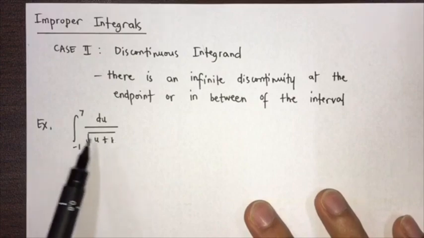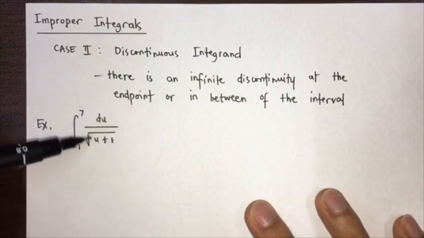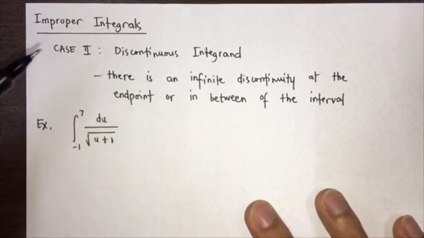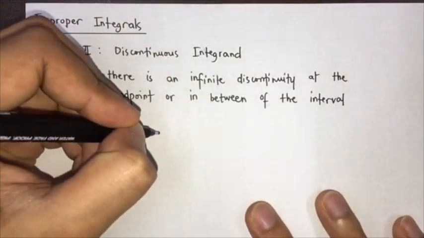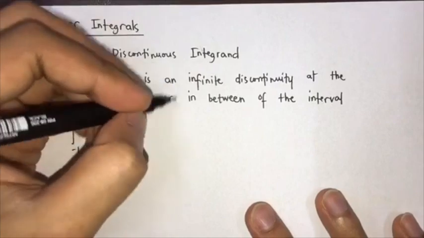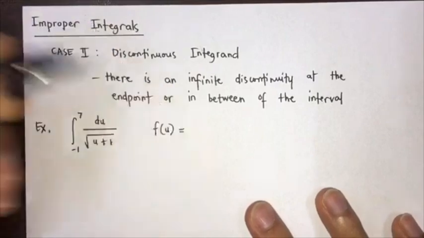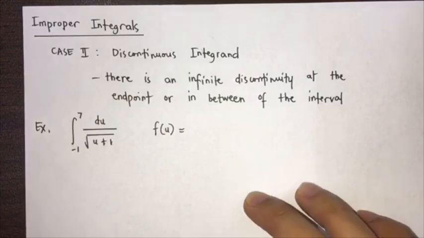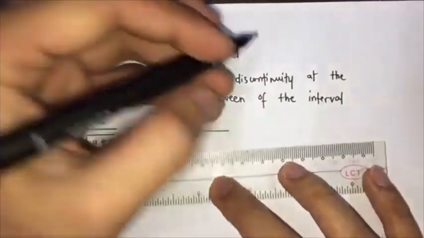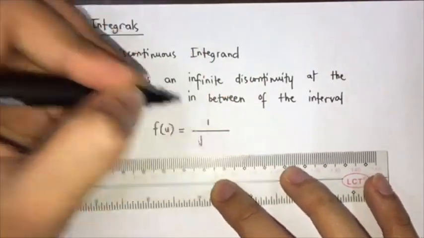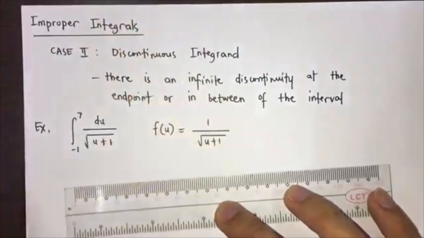Okay, so our function of u is equal to 1 over the square root of u plus 1.